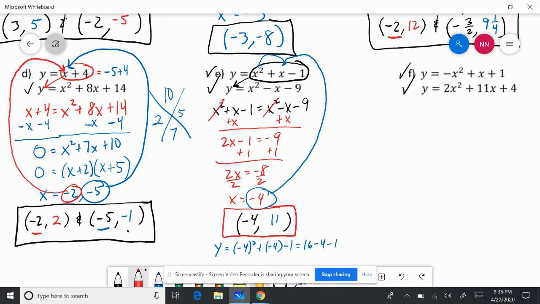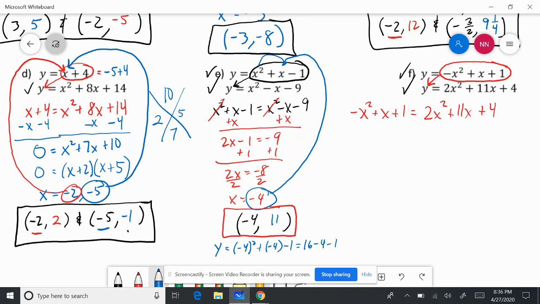Now, for my last example, once again, the process is the same. I'm going to take my expression and substitute it into the other equation. So I get -x squared plus x plus 1 equals 2x squared plus 11x plus 4.